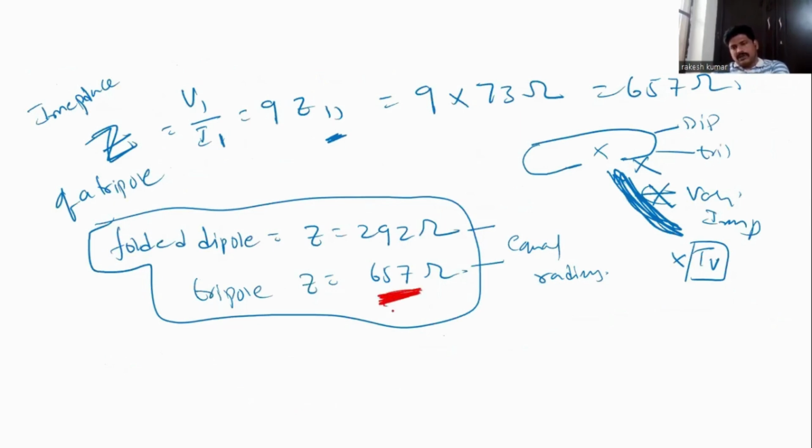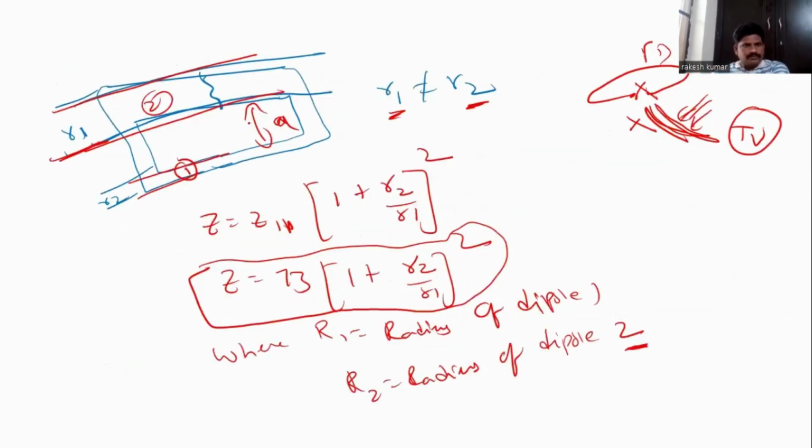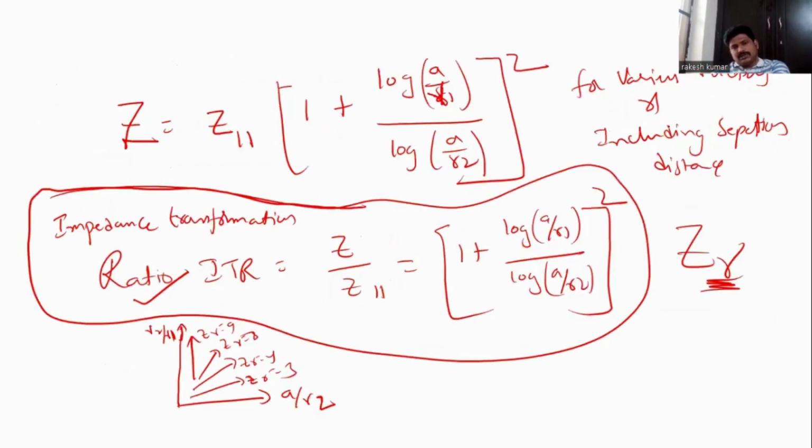If these two impedances are not sufficient, then we can change the radius of the dipoles in order to get perfect matching between the folded dipole and the cable. We will consider the separation distance also. So these are all the things regarding the folded dipole antenna.